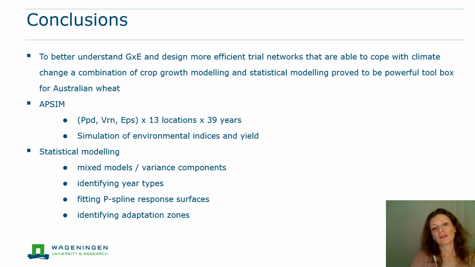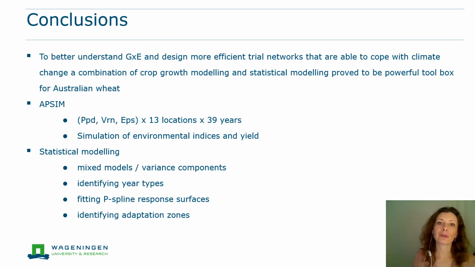We also identified year types, and we realized that it was really important to classify years depending on the level of stress for heat and drought. After identifying these year types, we fitted p-spline response surfaces to describe how each genotype would react across the whole span of latitude and longitude that was relevant for these multi-environment trials.